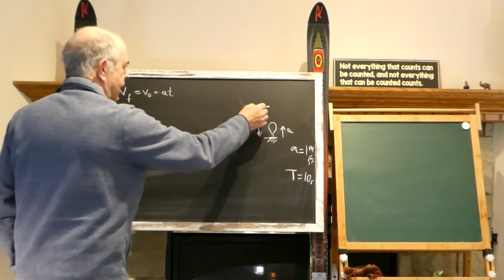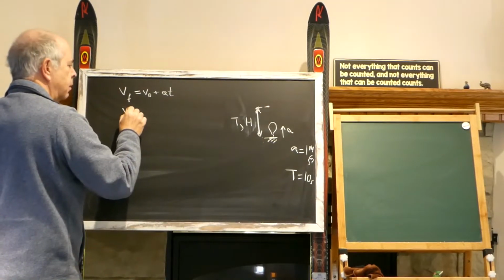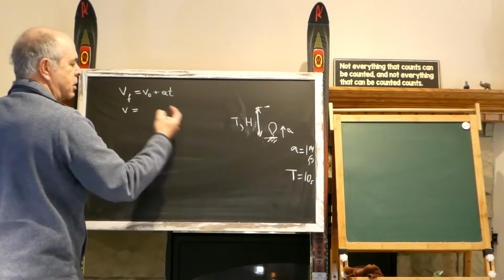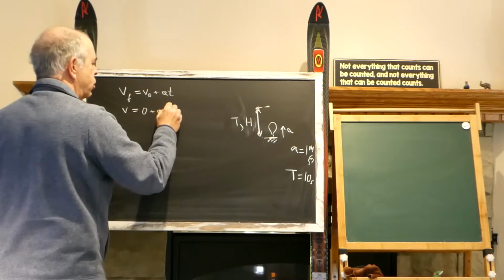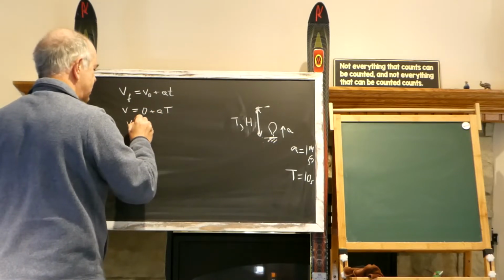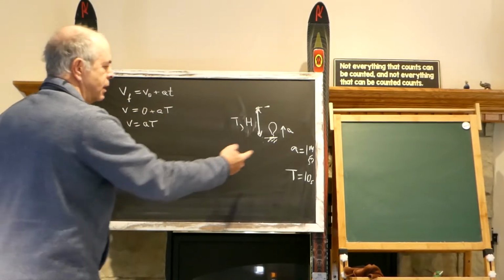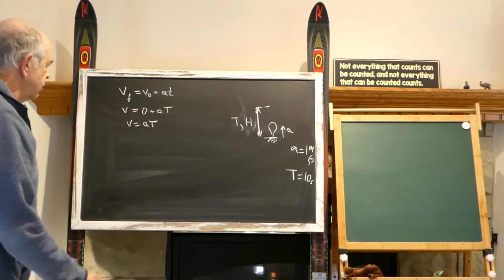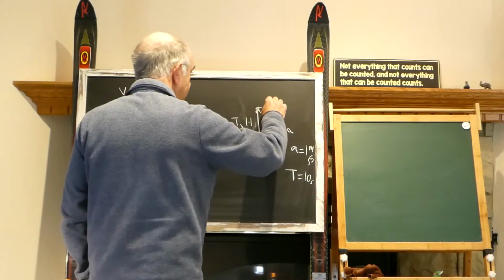So the speed here would be v, and it would be 0, the initial speed of the balloon, plus acceleration times time. So we know the speed of the balloon is aT, and a is known and T is known, and if we put them in we will get very nice numbers. No need for a calculator. So that's the first thing.